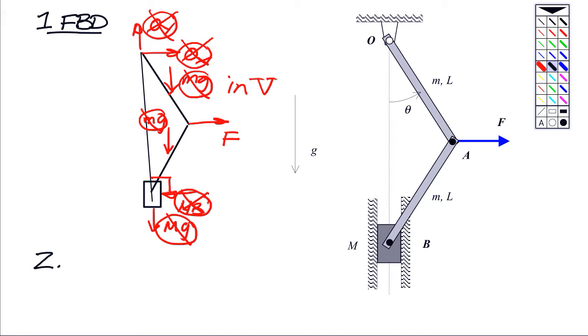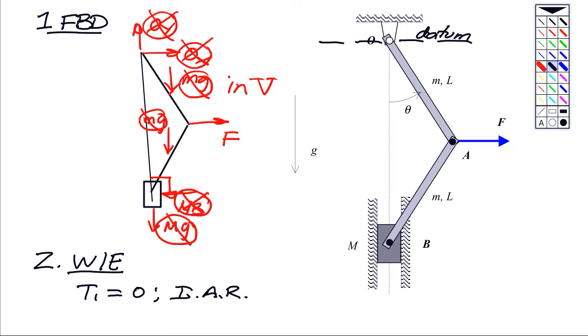For our work-energy equation, we note that the kinetic energy at the beginning, T1, is 0 because the system is initially at rest. I'm going to define my datum line right through O for everything.